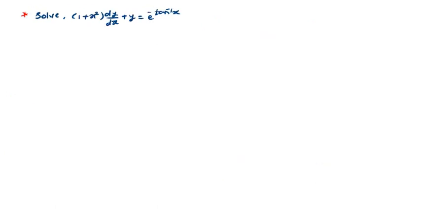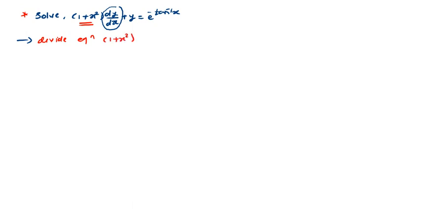Okay, for example, we have this linear differential equation. Now we need to check whether this is linear in x or linear in y. In both cases the coefficient of dy by dx is 1, so we will try to make it 1 just by dividing the whole equation by 1 plus x square.